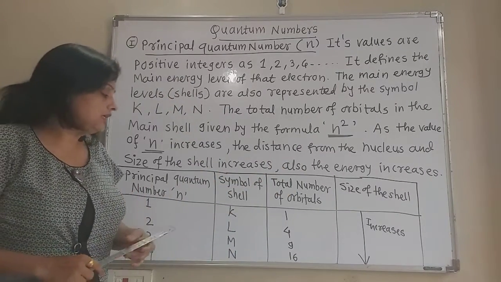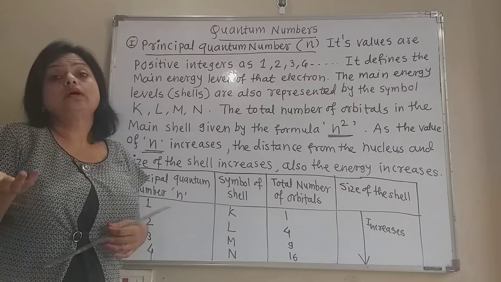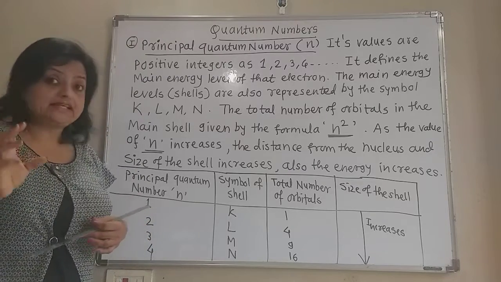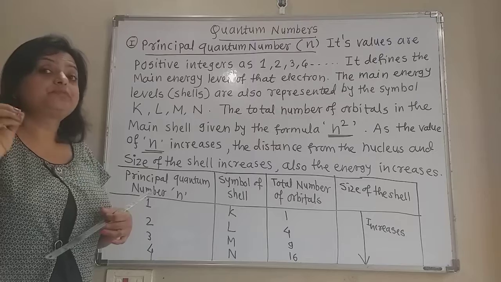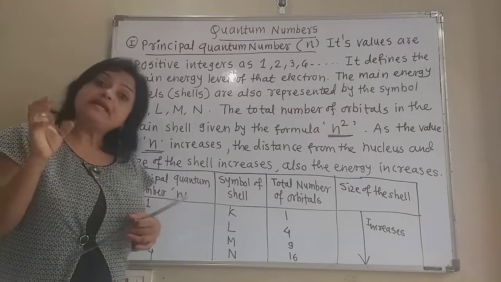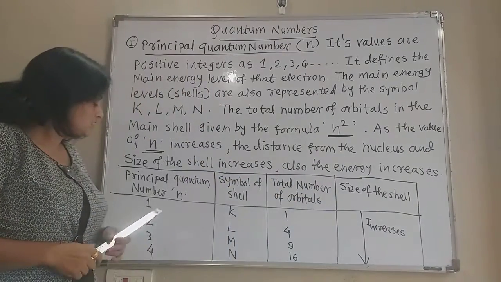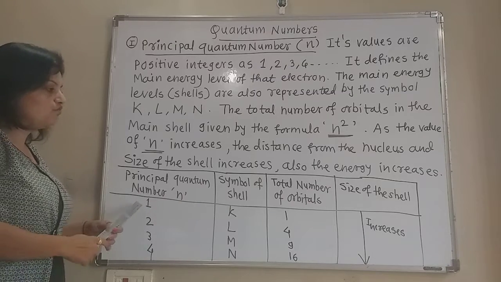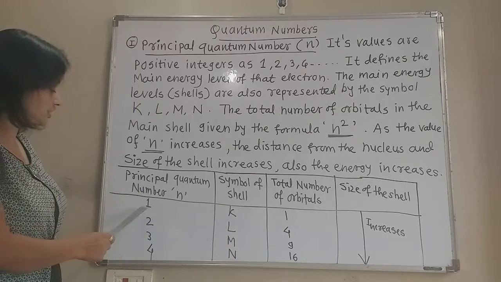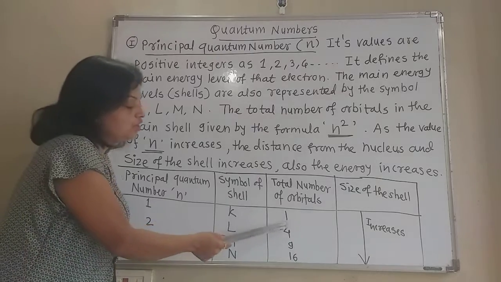Now these are only the main energy levels. Within them there are subshells, and in the subshells there are orbitals. How many orbitals are in that main energy level is given by the formula n square. Suppose the value of n is equal to 1, then the total number of orbitals in the first main energy shell is n square, that means 1 square, which is equal to 1.